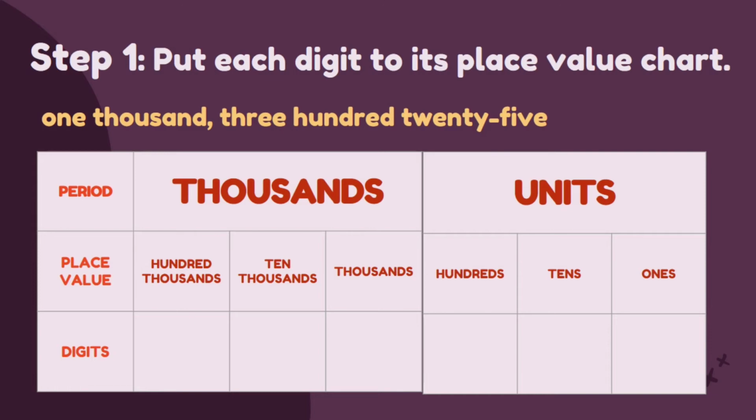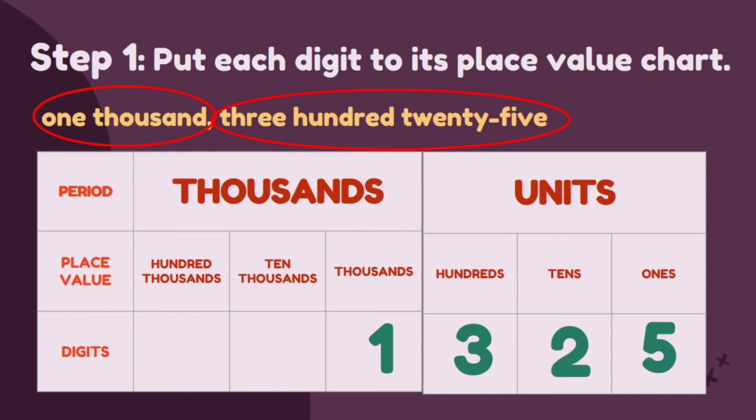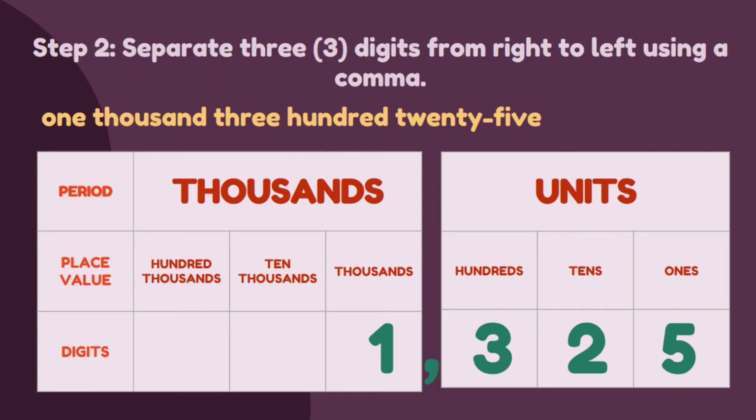So we have 1,000 and put 1 in the thousands place under thousands group. Then we have 325 in the units group, so we put 3 in hundreds place, 2 in the tens place, and 5 in ones place. Step 2.